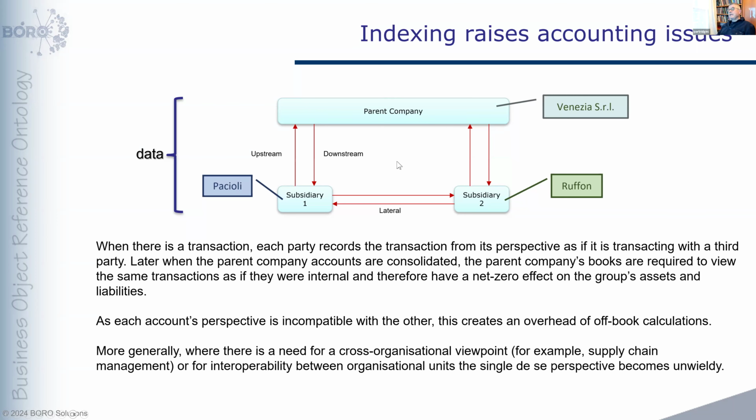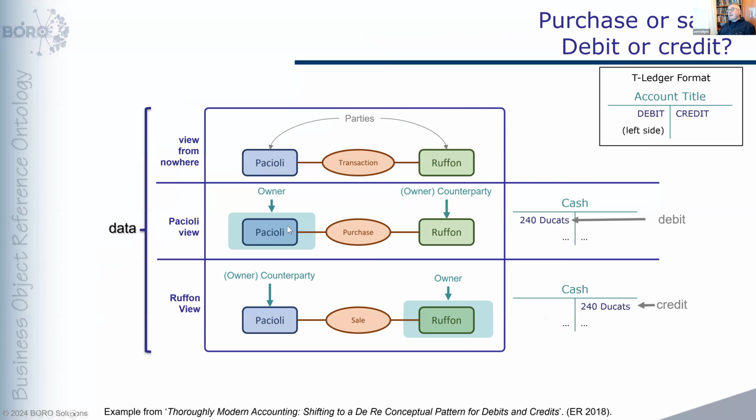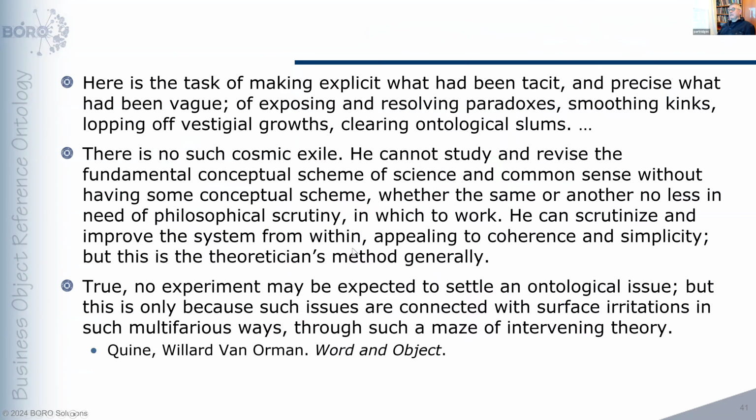And you can see that if this one is regarded as a purchase and this one as a sale, but it's the same transaction, you're going to have difficulties when you try and reconcile them. And I think the difficulties are difficult to spot unless you're working with data.